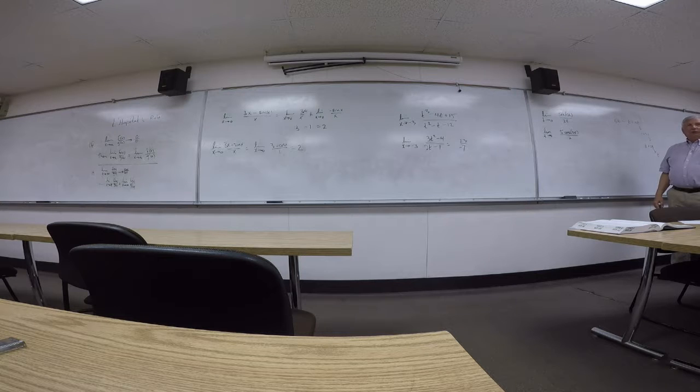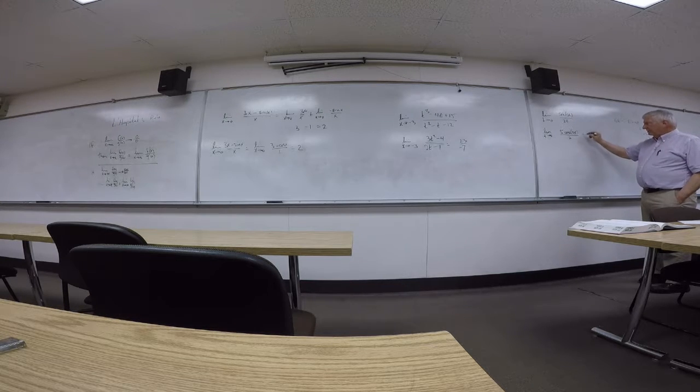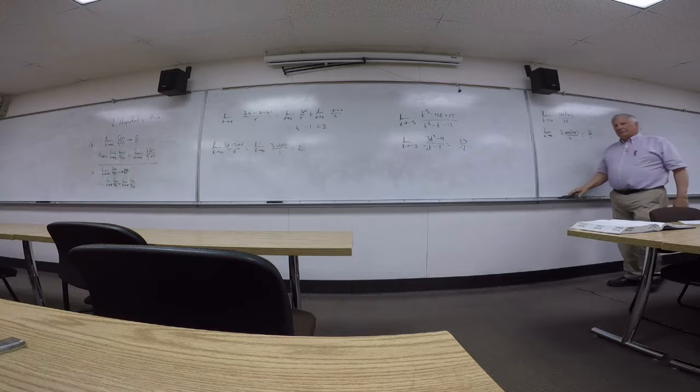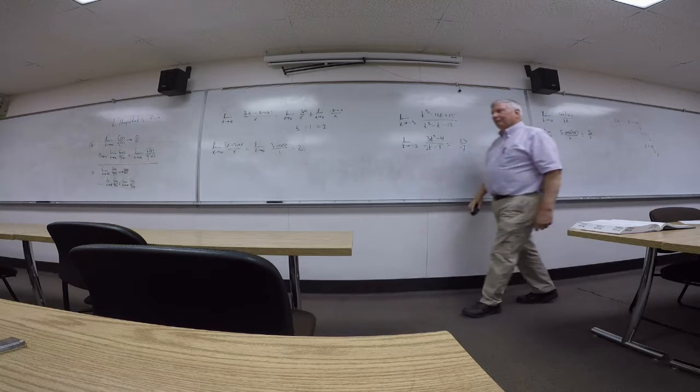And here, plugging in 0, 5 times 0 is 0, cosine of 0 is 1, 1 times 5 is 5, so 5 halves. It's like that when it comes out. So simple.